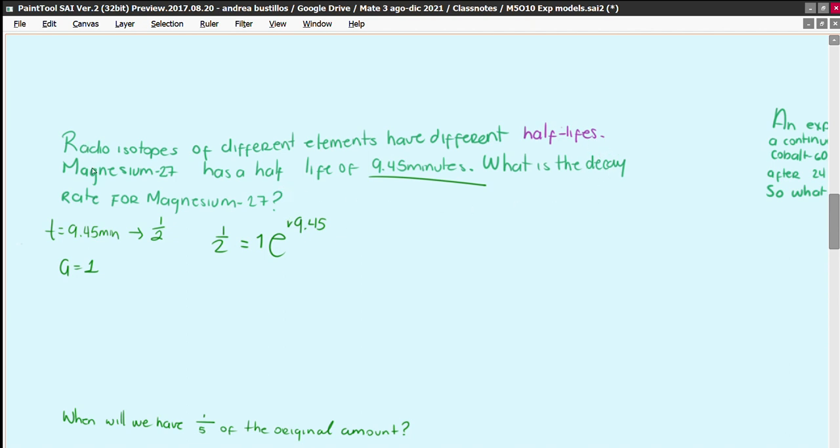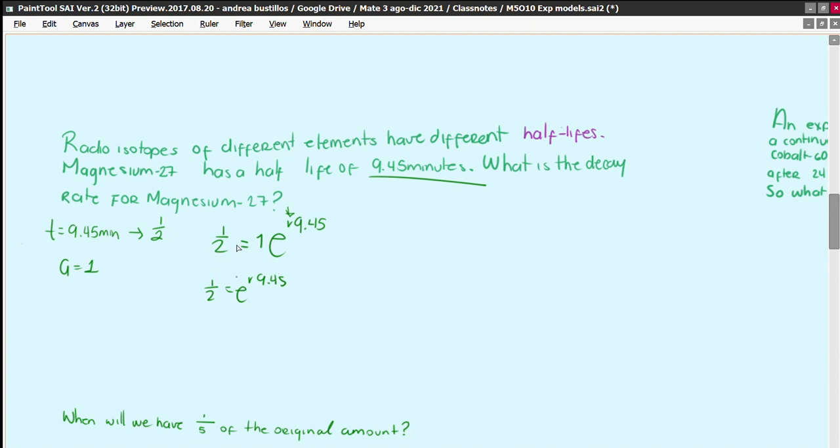Notice that this is a decay rate, meaning that at the moment that I solve for r in this equation, that value is going to be negative. I don't have to put a negative sign here, because when I plug my final result into the calculator, it is actually going to give me a negative value. So I'm going to solve this exponential equation as usual. This is 1/2 over 1, which is exactly the same, equals e to the power of r times 9.45.